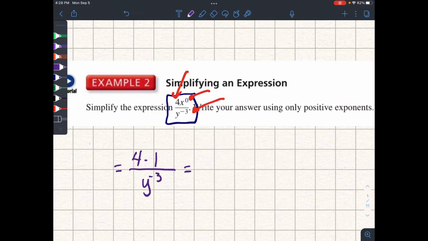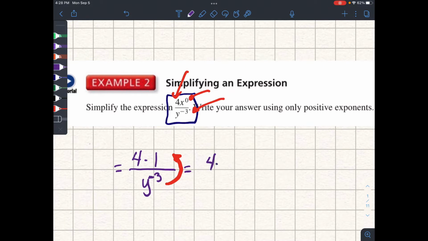Now recall that a -3 creates a reciprocal. So that means if it was upstairs, it goes downstairs. And if it's downstairs, it goes upstairs. So this little -3 exponent is going to end up going up there and becoming positive.